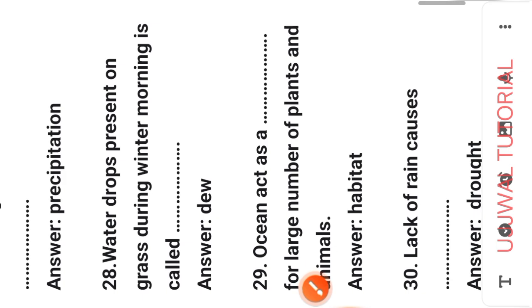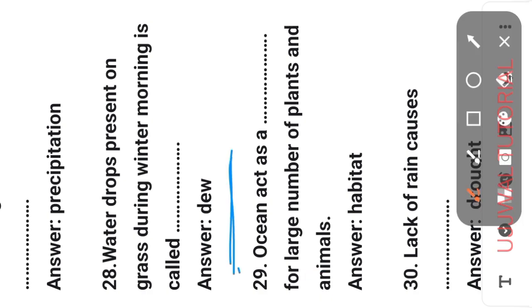Question number 28. Water drops present on grass during a winter morning are called dew. Next question, question number 29. Oceans act as a dash for a large number of plants and animals. Habitat.